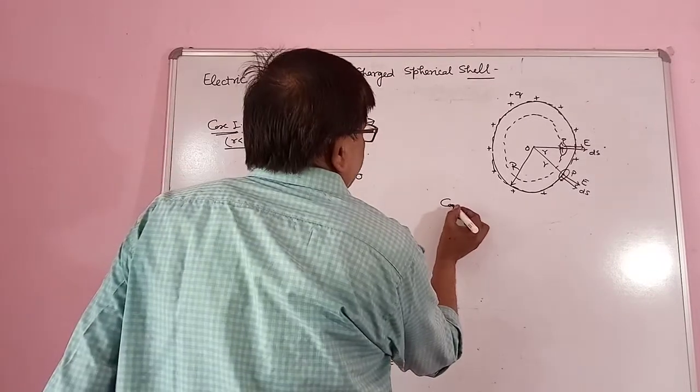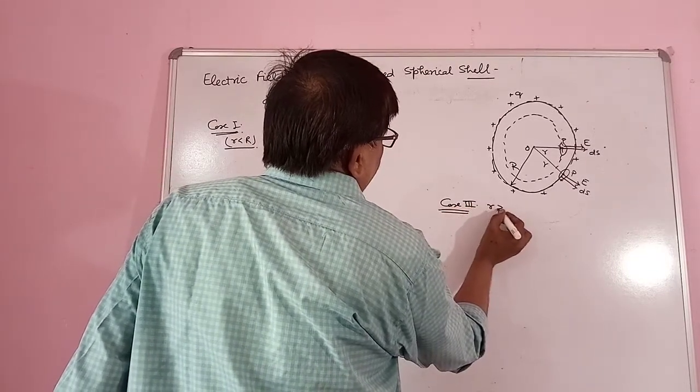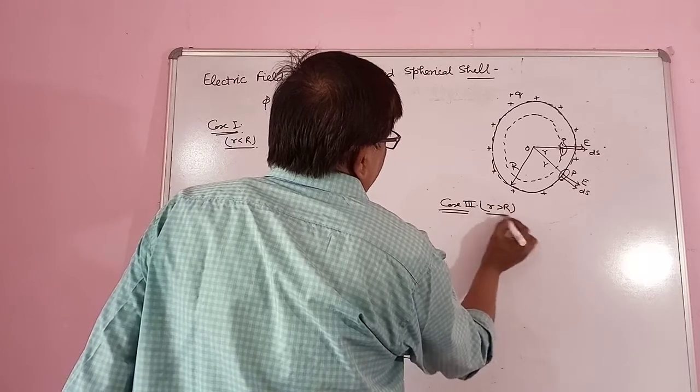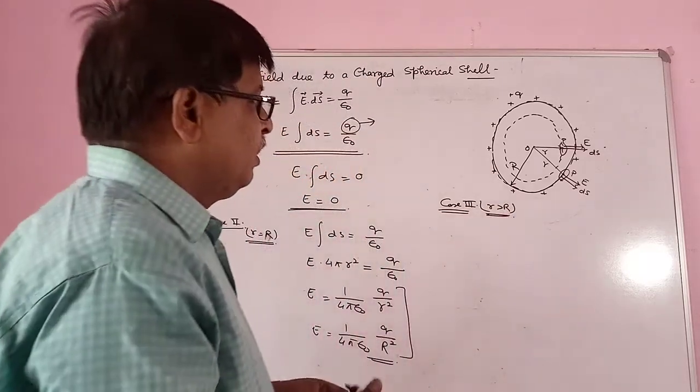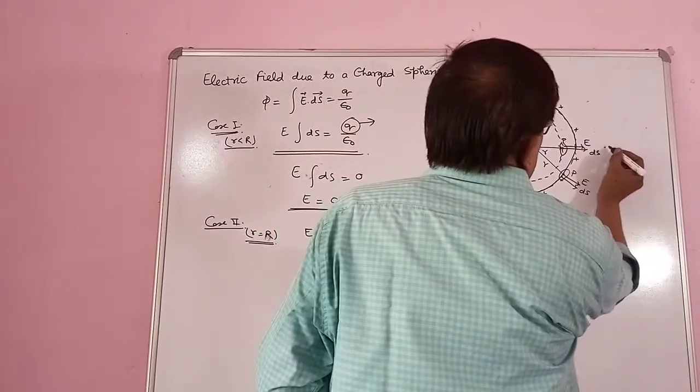Now case 3, when small r is greater than capital R. This is our case 3, means this point.